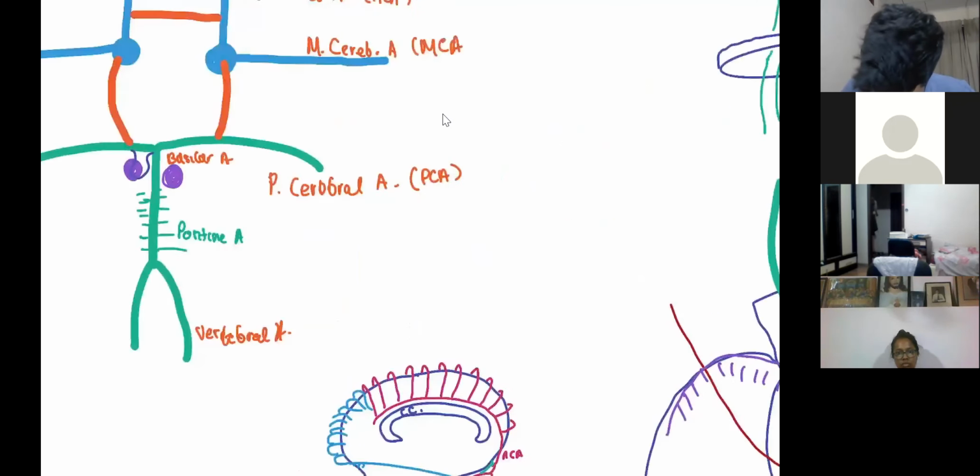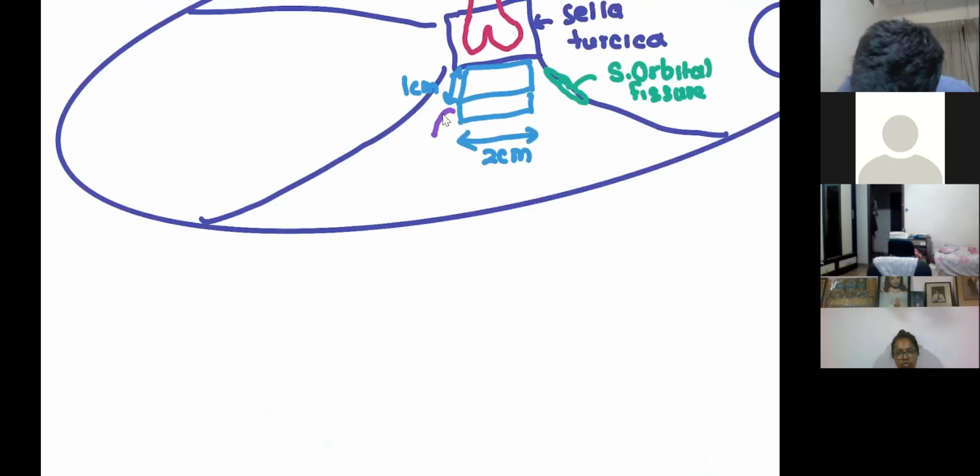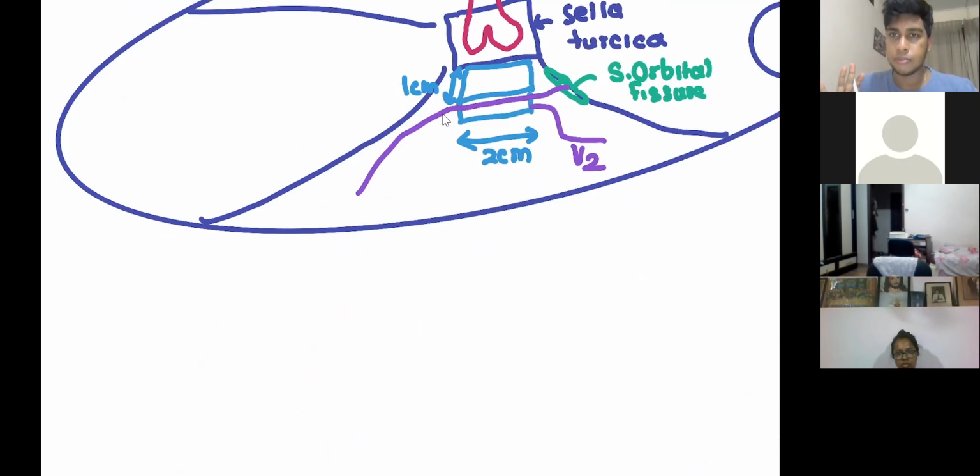In this diagram which I drew here, these will come from the brainstem and go like this. Except for V2, the maxillary nerve, everything else will go through the superior orbital fissure.